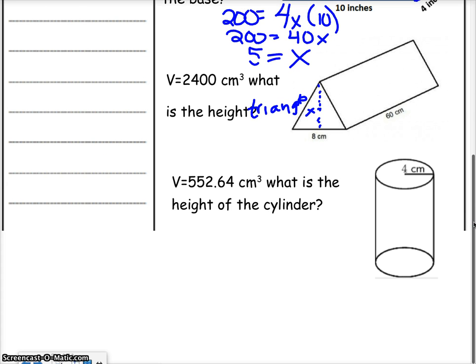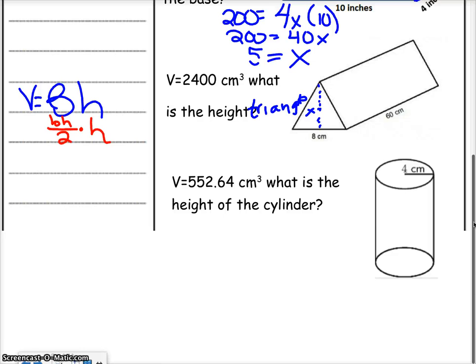So I know volume equals big BH. My base is a triangle. So the formula for a triangle is base times the height of the triangle divided by 2, and then I'm going to times it by h. Well, the height of my triangle, I am notating it as x.